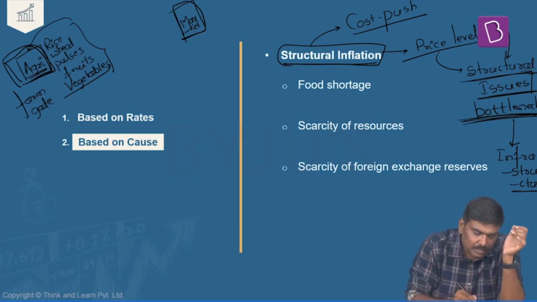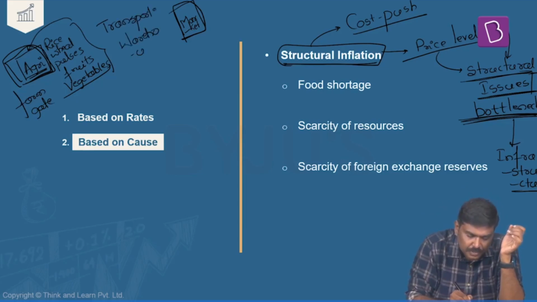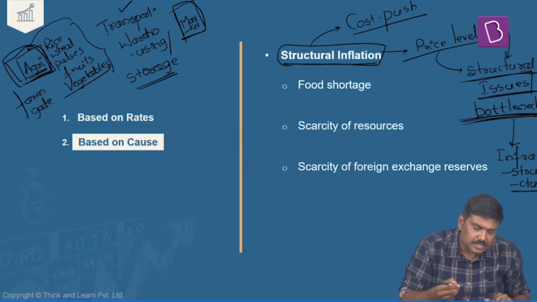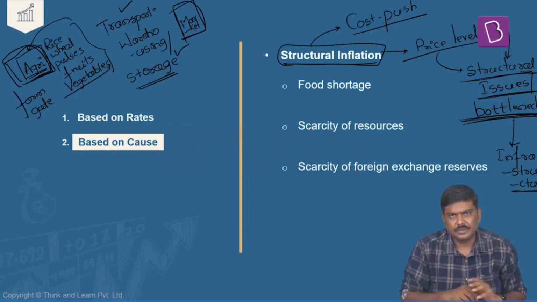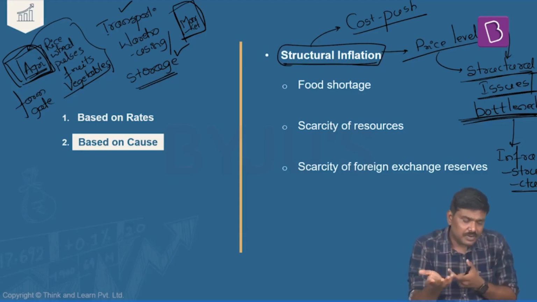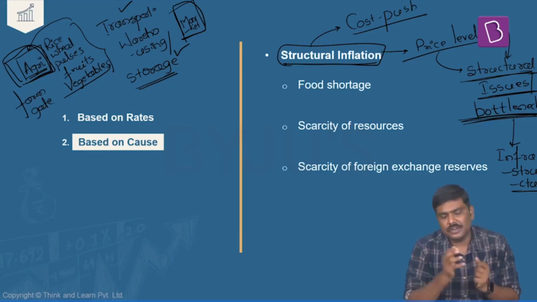For example, there is a transportation, there is a warehousing or storage. Is it okay? There is a transportation, there is a warehousing or storage. So have a look at this. In case of India, this is infrastructure, this is also infrastructure. Is it okay? Warehousing is infrastructure, storage is infrastructure, transportation is infrastructure.